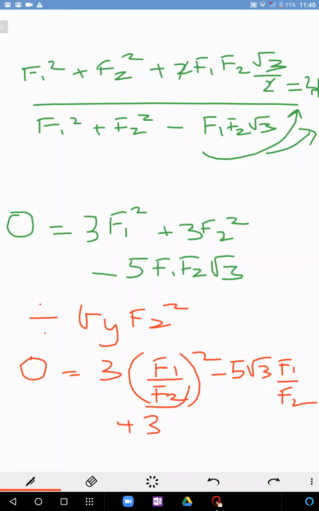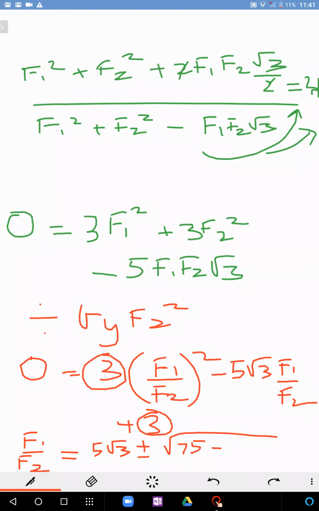Okay, so you get this, and now this is a quadratic equation in terms of f1 by f2. है ना? This is playing the role of x, and so the formula will be x is equal to, what is my formula? Minus b, so minus of this guy, matlab 5√3 plus minus root b square. So 25 into 3, 75 minus 4ac.